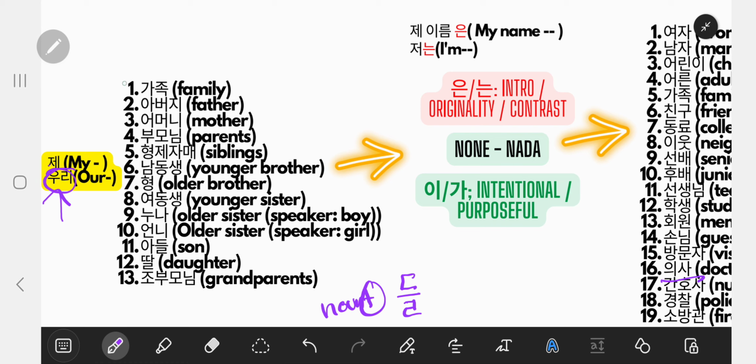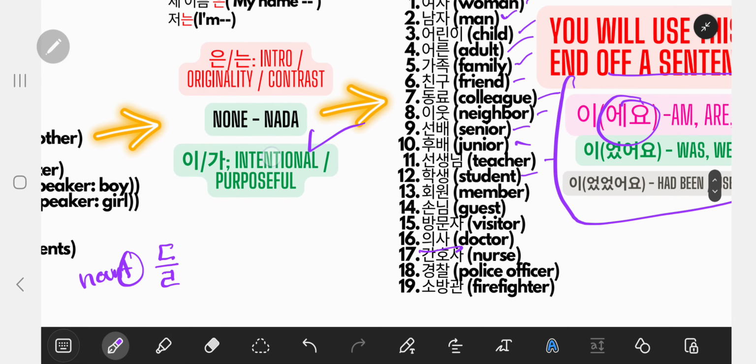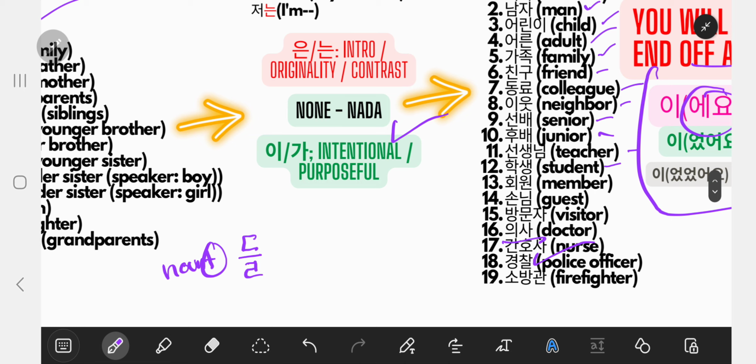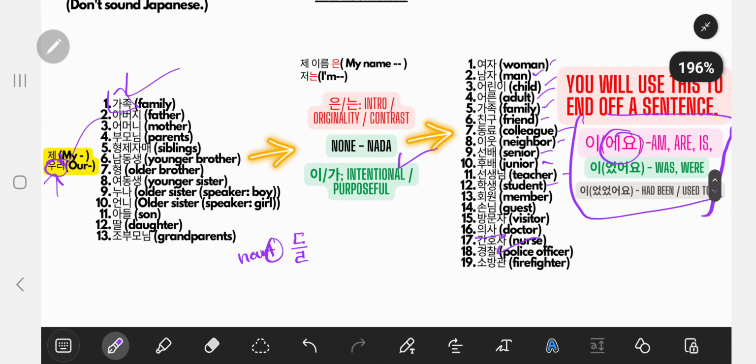So if I say something like 가족, 우리 가족이 우리 가족들이 경찰이에요. My families are police officers, all of them, which doesn't make sense. I mean, yeah, I just picked a weird one. But yes, that is what it means.